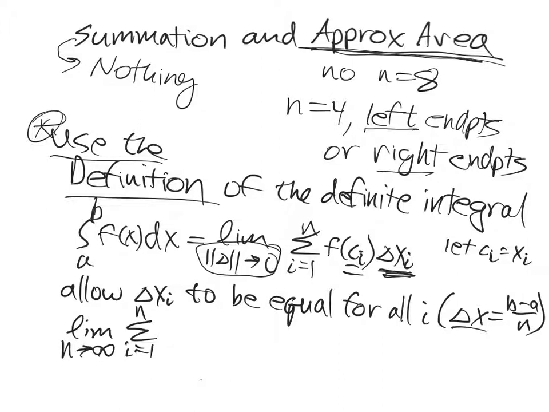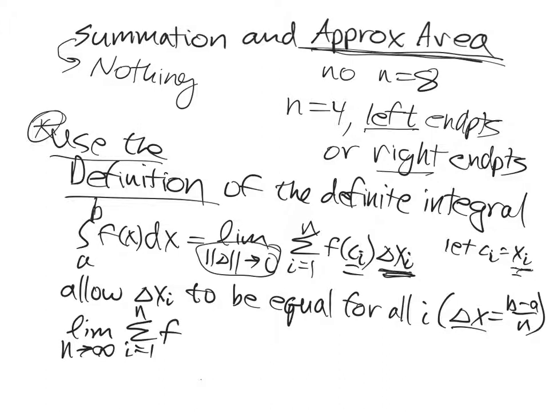It will make it a lot easier just to use the right endpoints. And that's just because we'd be adding delta x instead of subtracting delta x. Ultimately, x sub 3 would be a plus 3 delta x. So x sub i will be a plus i delta x. Use a different sampling point, and there's a little bit more to it than that.